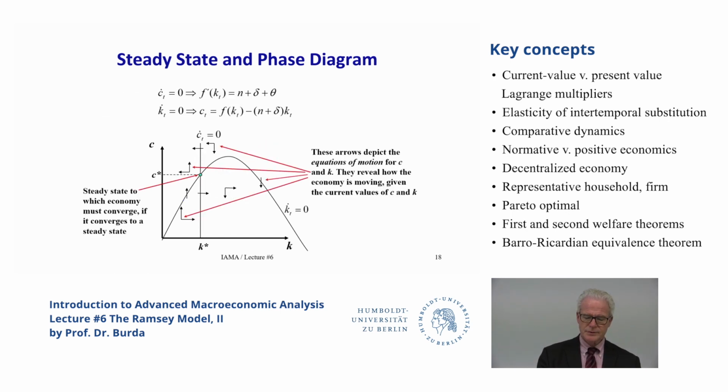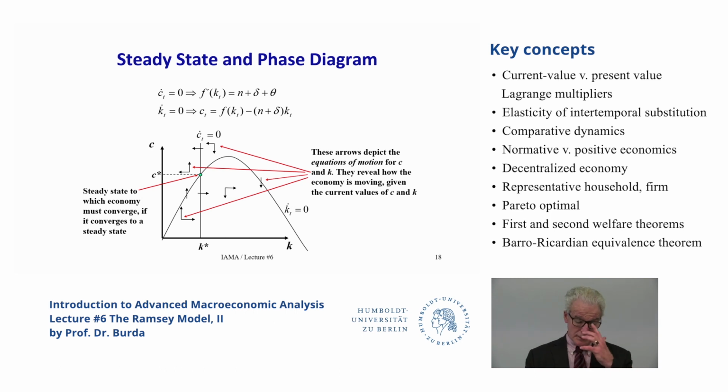So if we interact those 2 together, we can implement the so-called phase diagram. Okay, so I've done that, and you can see that these 2 curves imply 4 regions of the CK or KC space that involve different qualitative changes per unit time of the two variables of interest.